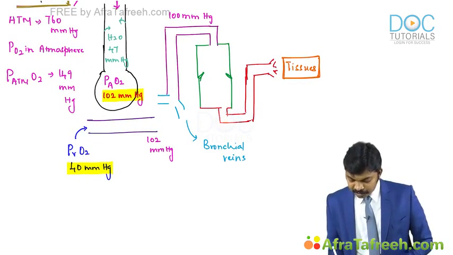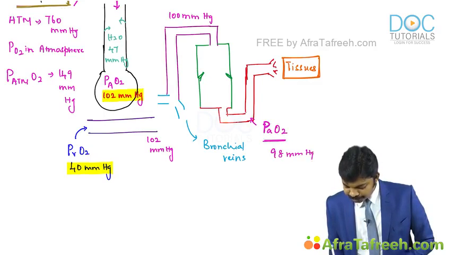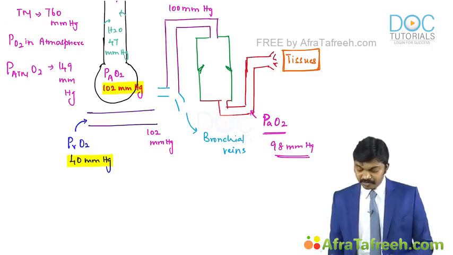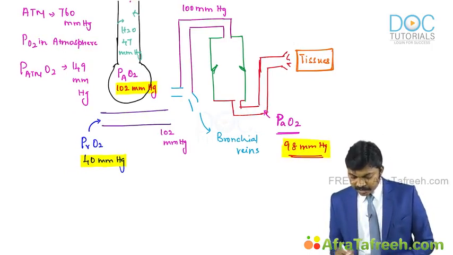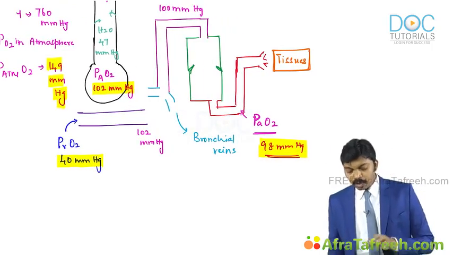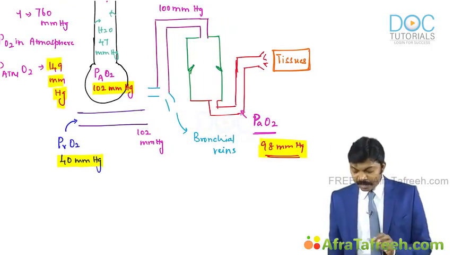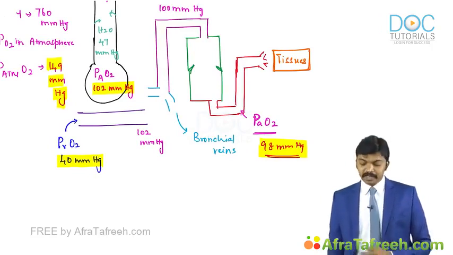So, the partial pressure of oxygen in the aorta, arterial blood PaO2, will be about 98 millimeters of mercury. 98 millimeters of mercury, doctors. Okay, so what started in the atmosphere as 149 millimeters of mercury will be reduced to 102 in the alveolus and just 98 or even lesser, 96, in arterial circulation.